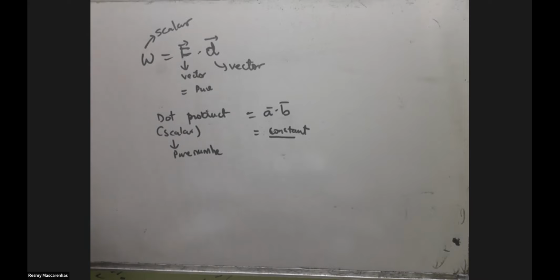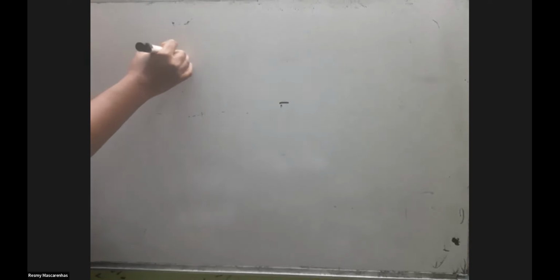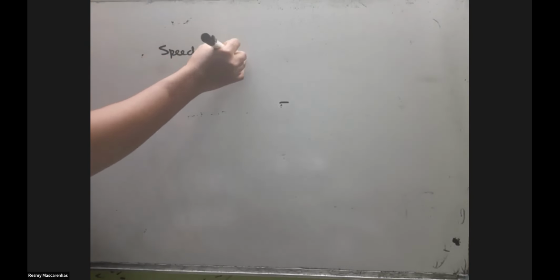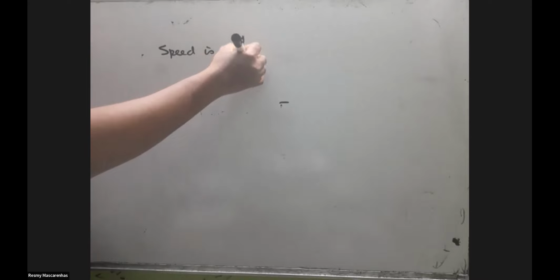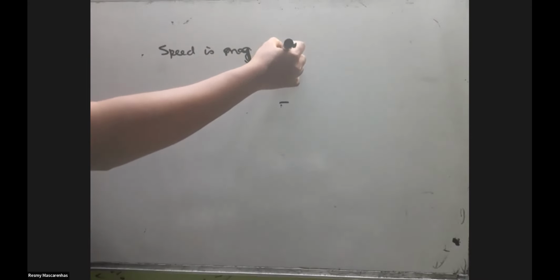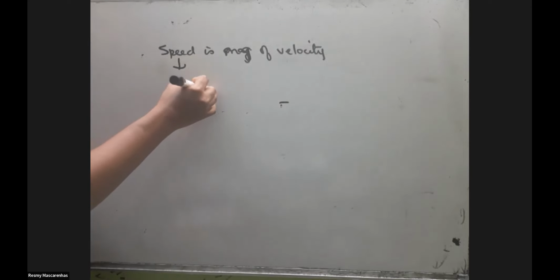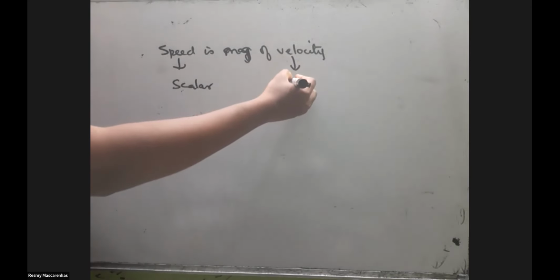Then the second option is speed. Speed is nothing but the magnitude of velocity. Average means only the magnitude. Velocity is a vector. So speed is a scalar and velocity is a vector.